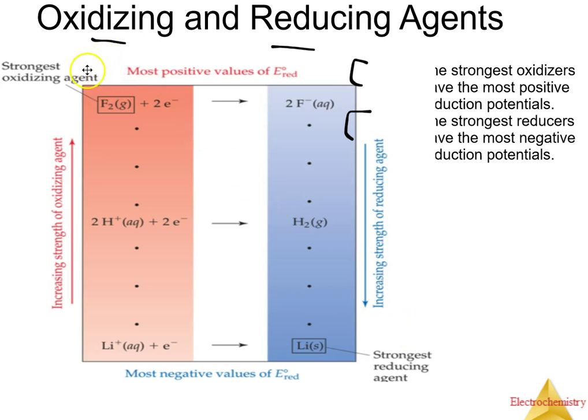This is the strongest oxidizing agent, which means it's the best at being reduced. And reduced means to gain electrons. It should make sense that fluorine is the best gainer of electrons. It's got the highest electronegativity. The strongest reducing agent means it's the best loser, which would make sense.